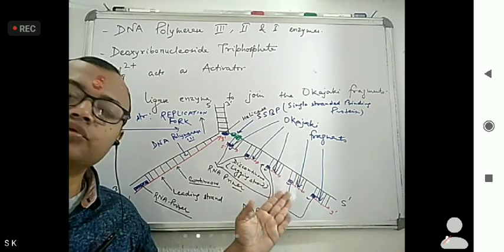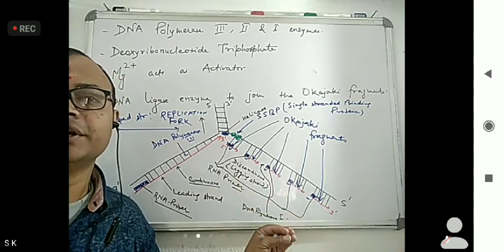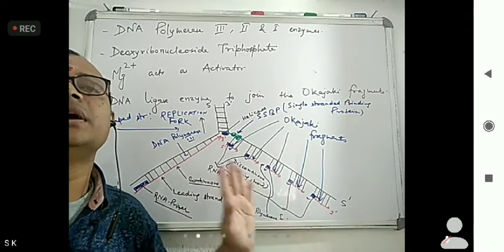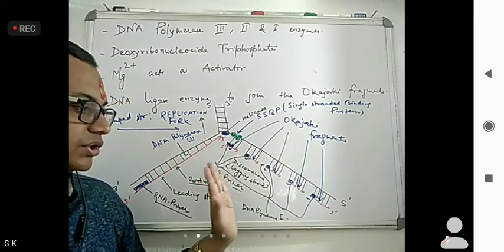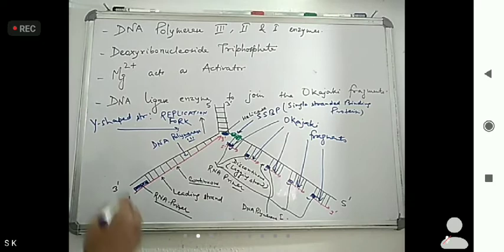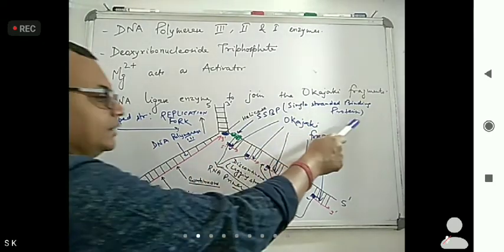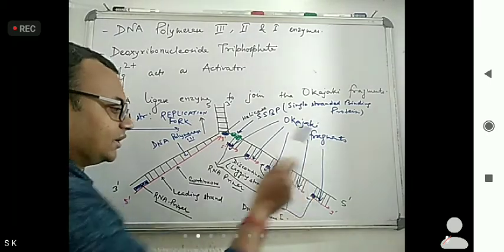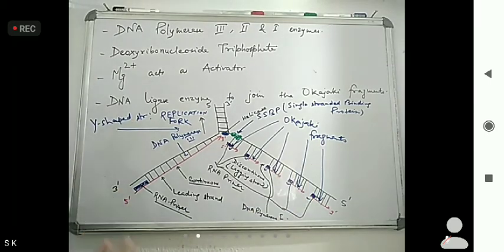So this removal occurs with the help of DNA polymerase 2 and 1 combinedly. So this is what I told: Y-shaped structure, replication fork, single stranded binding protein, Okazaki fragments. So these all we have seen.